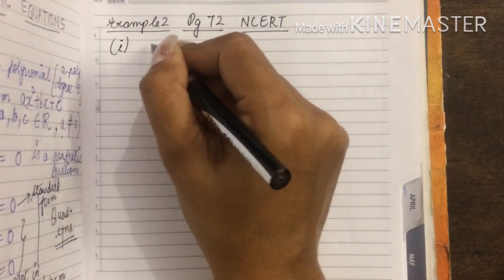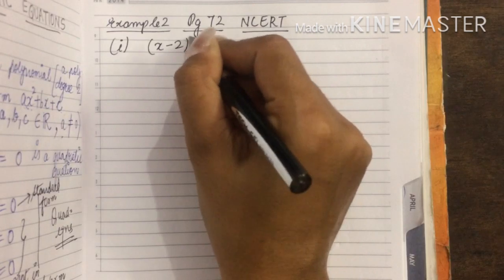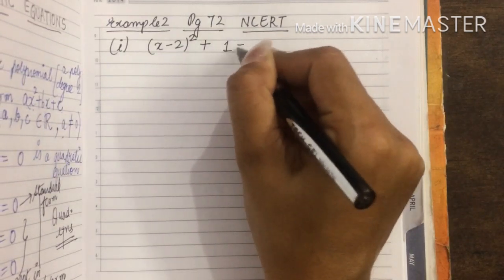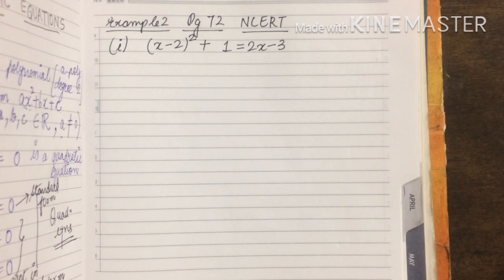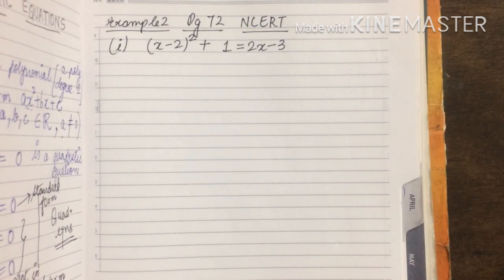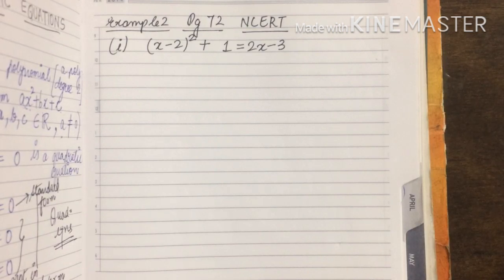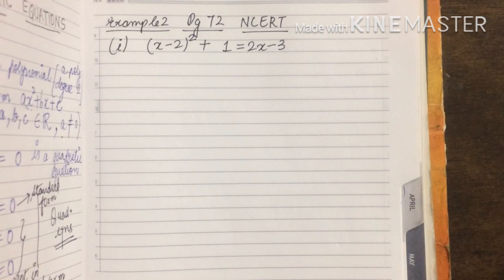Let's do the first part. We have (x − 2)² + 1 = 2x − 3. Now if we just simply look at it, we cannot tell what kind of equation this is, because the quadratic equation contains a term with x², a term with x, and a constant term.